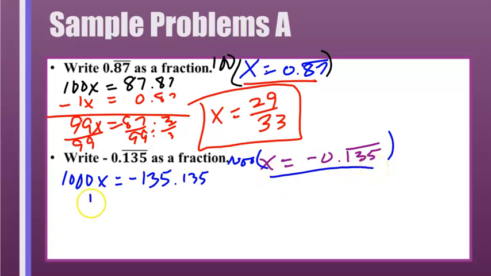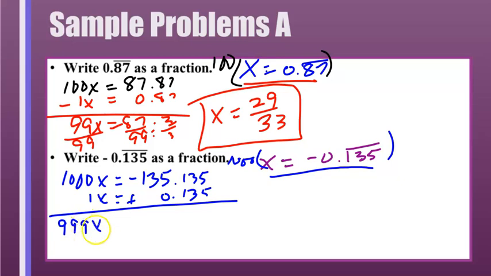So we'd have minus 1x equaling, if I'm subtracting a negative 0.135, that's really meaning I'm adding 0.135. So that's going to give us 999x equaling a negative 135.